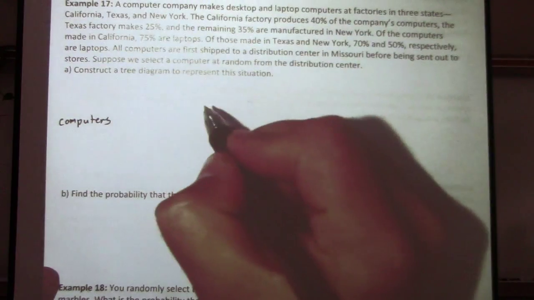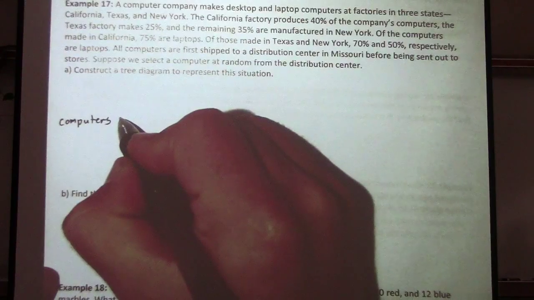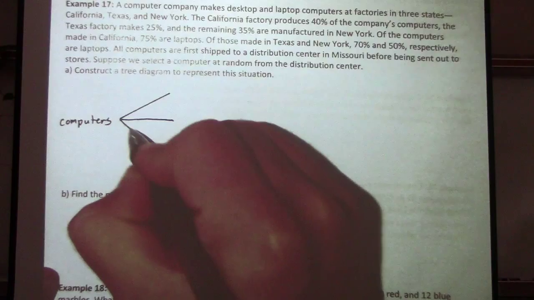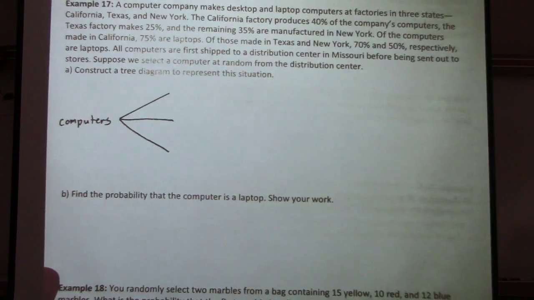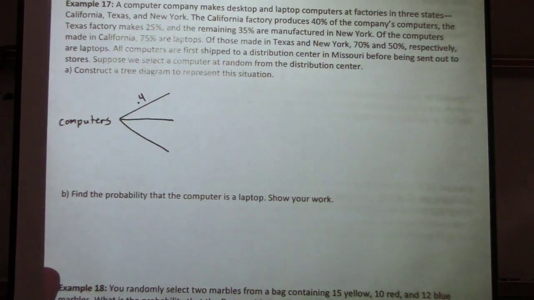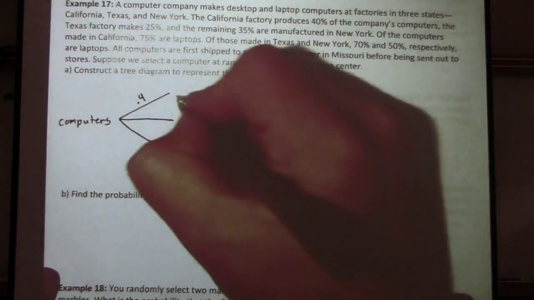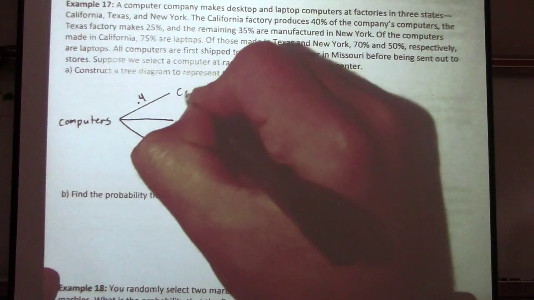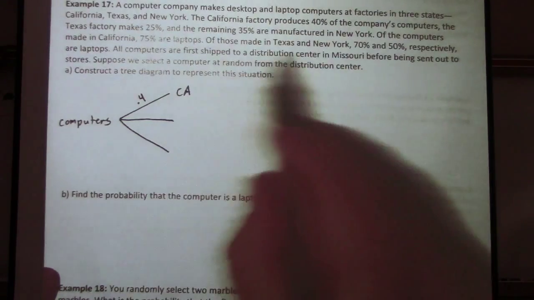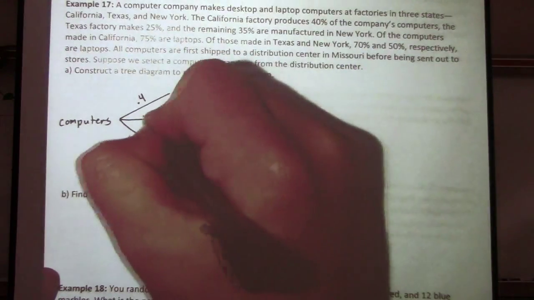And of those computers, there's 3 different options on where they could have been manufactured. 40% of them are manufactured in California, right? And what were the other percents? 25 for Texas, 35 for New York.